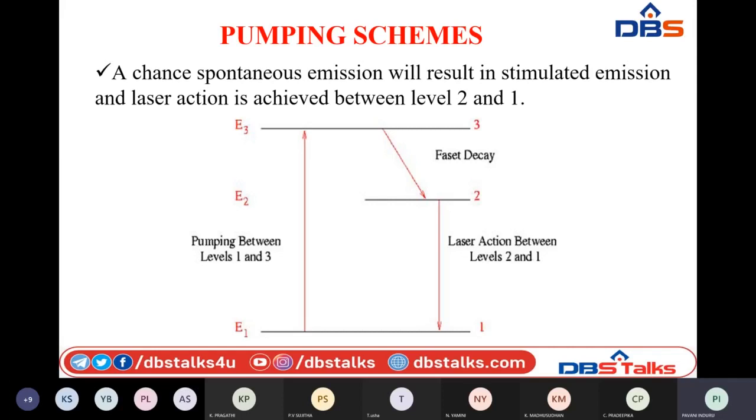Since we need to supply energy continuously to the system, in the 3-level pumping scheme we are able to get only pulsed light, not a continuous beam of light.